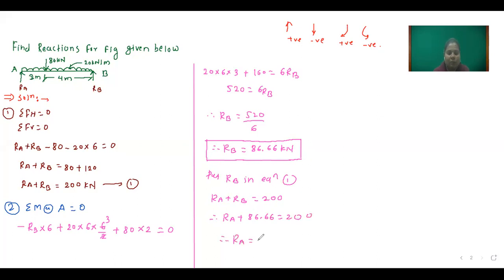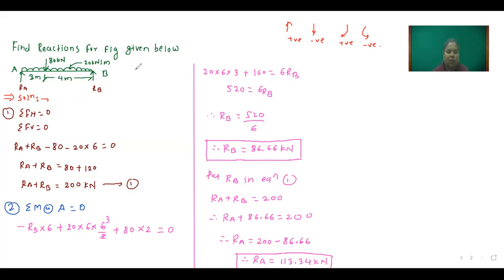Therefore RA equals 200 minus 86.66, and finally RA equals 113.34 kilonewton. This is the reaction at support A. In that way, we have to calculate reactions.